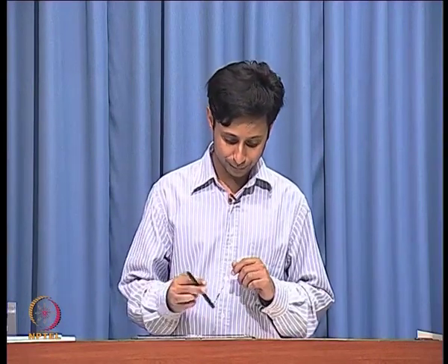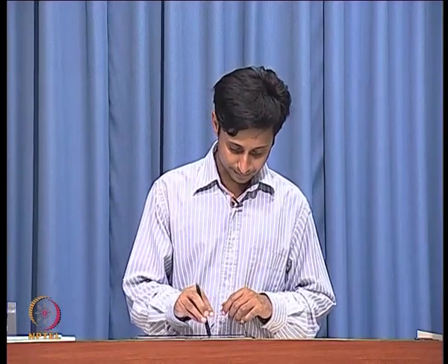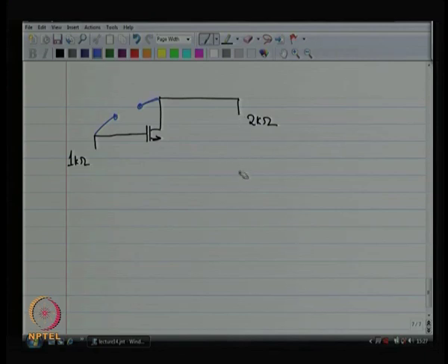So, before I redraw my circuit, let me connect all the grounds together. Okay. And now, I want to call this particular node as my ground.